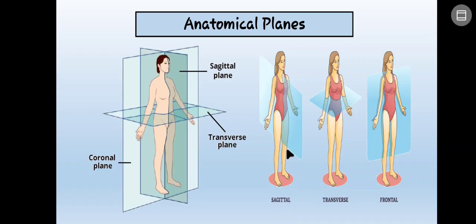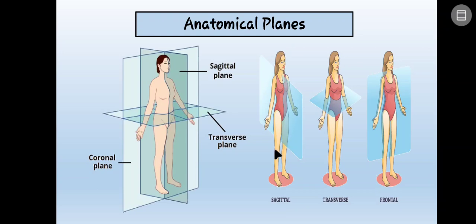Now, if a sagittal plane divides the body into two equal halves, we call it a mid-sagittal plane. A sagittal plane can also divide the body into two unequal halves. Okay, that is what you should keep in your mind.